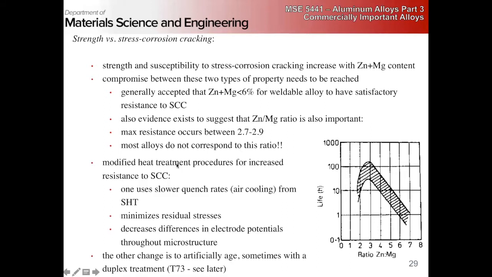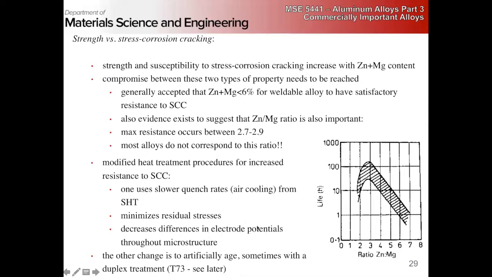structural alloys. So there's been modified heat treatment procedures to give us increased resistance to stress corrosion cracking. Air cooling or slow quench rates from solution heat treatment to minimize residual stress. All right, we want to add other alloying elements that decrease the differences in electrode potentials throughout the microstructure.